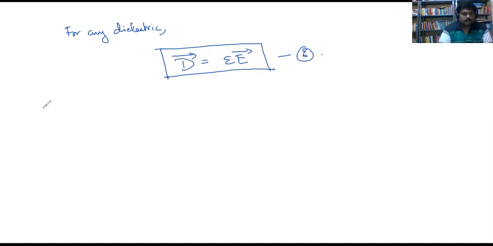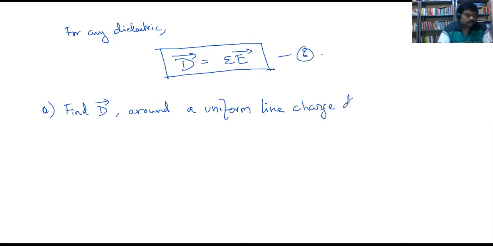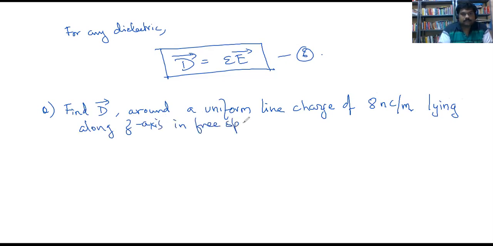So we take up a small problem. Find flux density D around a uniform line charge of 8 nanocoulomb per meter lying along the z axis in free space.